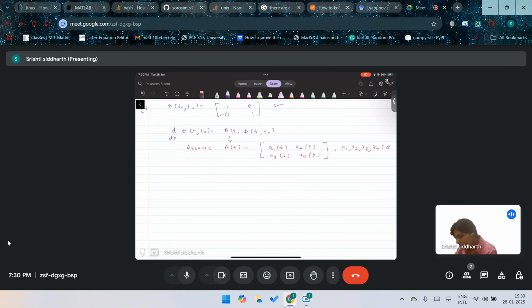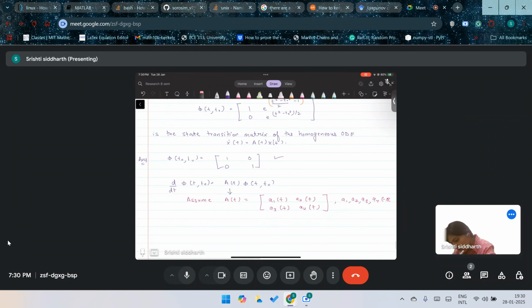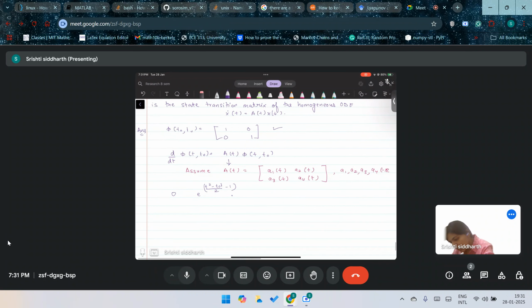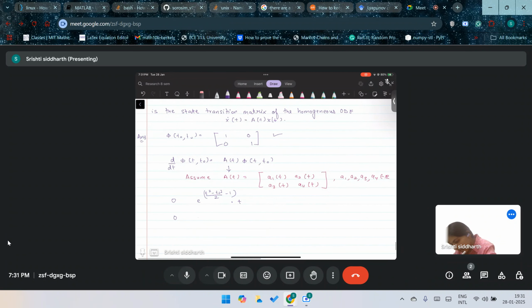Alright, so let's compute the derivative. This is 0. This is exponential of (t square minus t naught square) by 2 times just t. Then I guess 0 again. Yeah. Then e to the power (t square minus t naught square) by 2 times t.